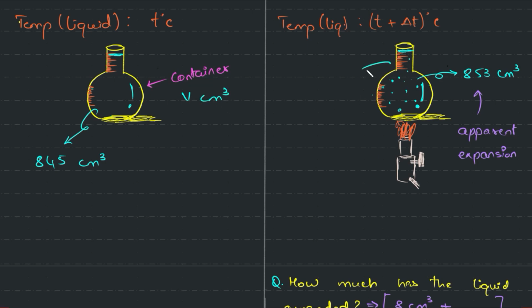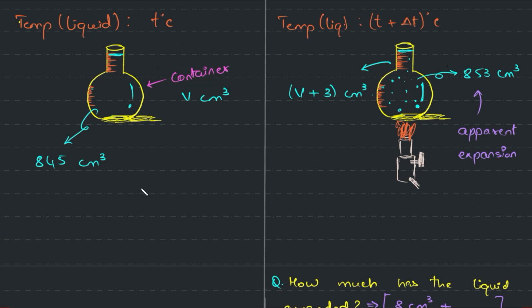And now the flask has increased to V plus 3 centimeter cube. Ignoring that the container is not filled with this liquid completely, till the marked part, consider that the volume has increased from V to V plus 3 centimeter cube.